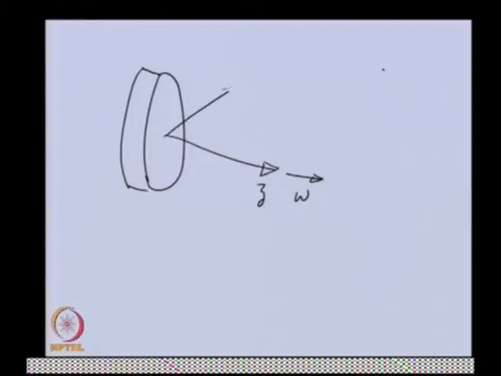There are two other axes of this disc, x and y. This disc has polar moment of inertia about the z axis, that is I p.